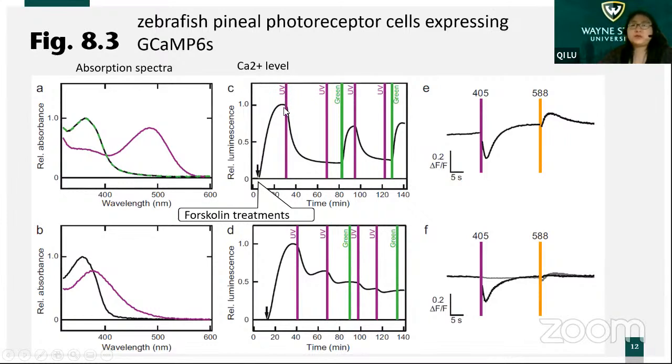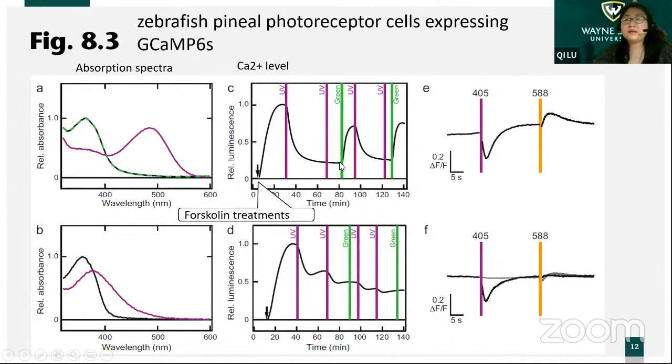Then shedding this UV light, since this opsin is coupled with a GI, it will decrease the concentration of cyclic AMP. So as a consequence, the calcium concentration will also be decreased. And at this stage, shedding more light shows no difference.